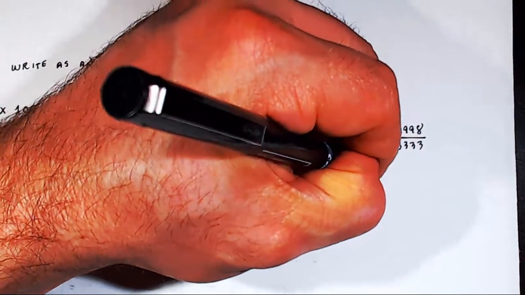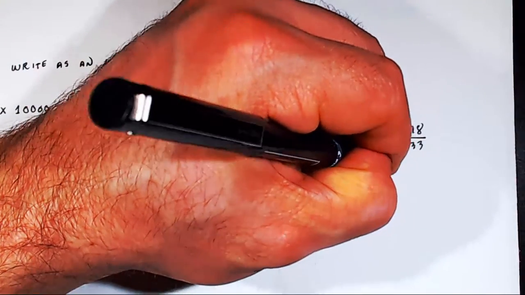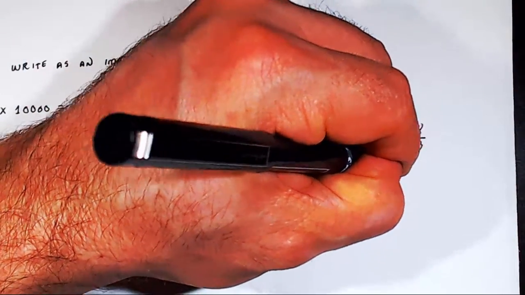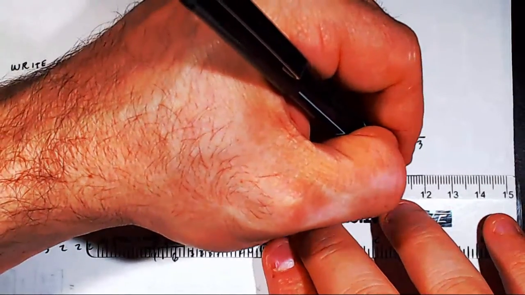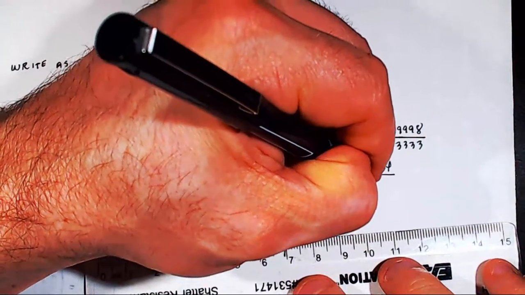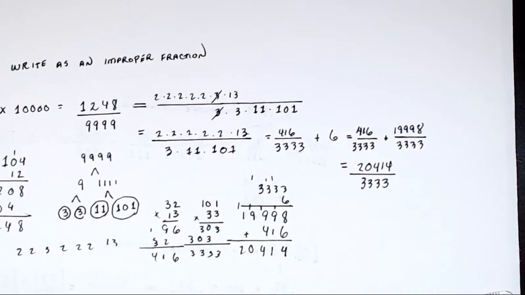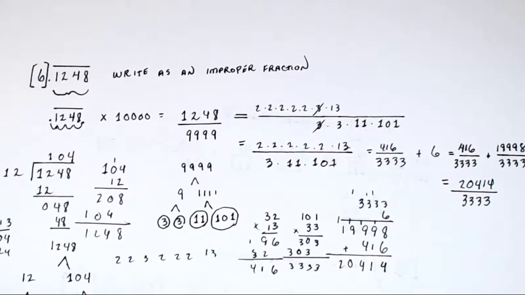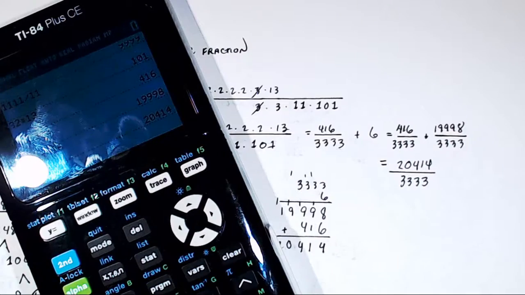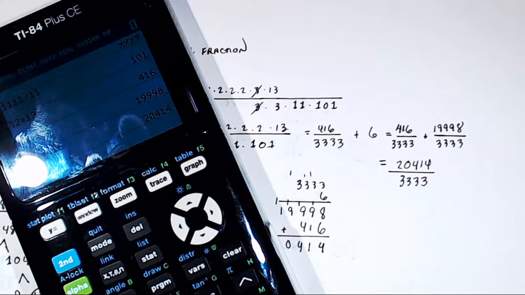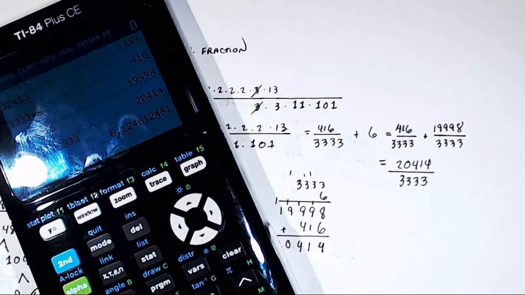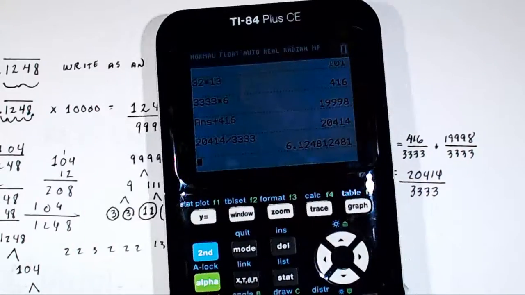Okay, so this equals 20,414 over 3,333. Now let's double check that that actually equals 6.1248 repeating. 20,414 divided by 3,333. Yep, and it does in fact equal that repeating decimal.